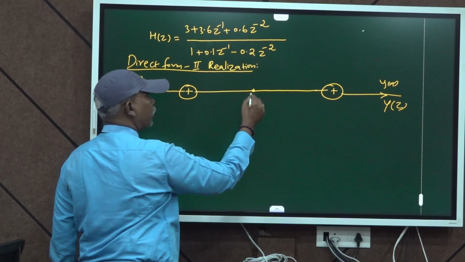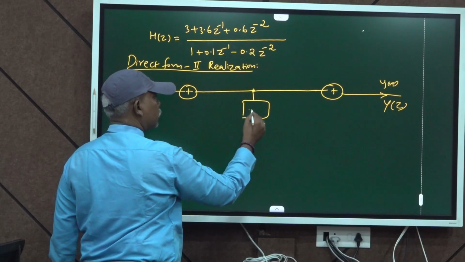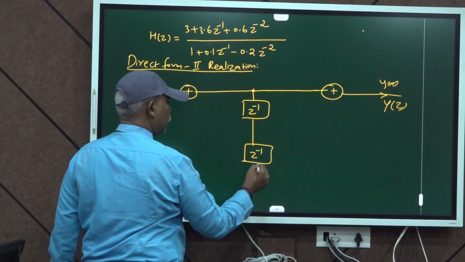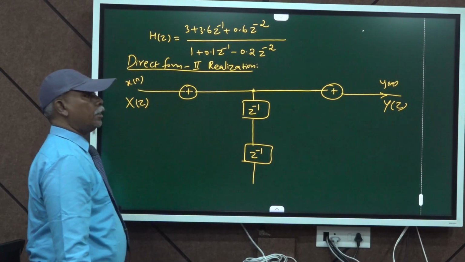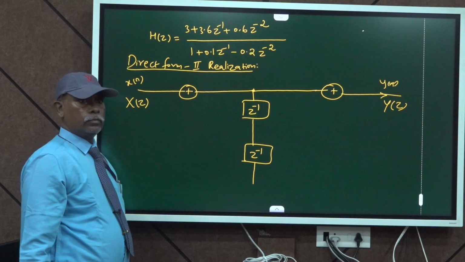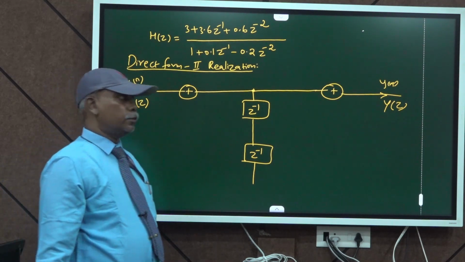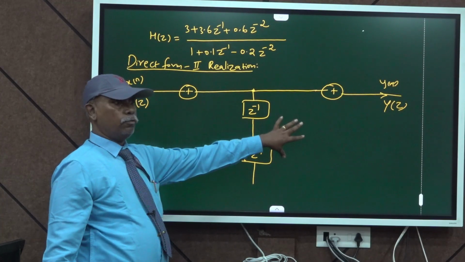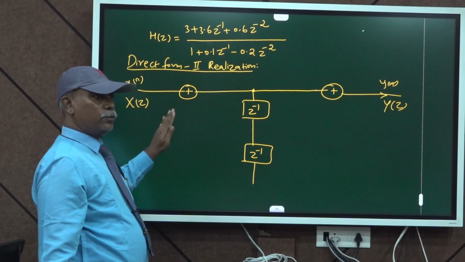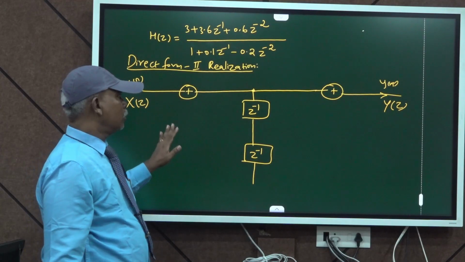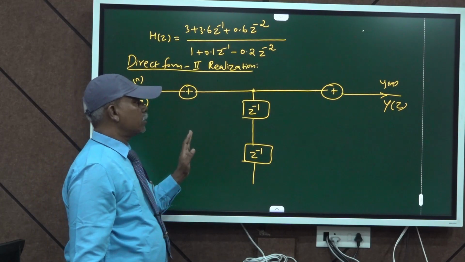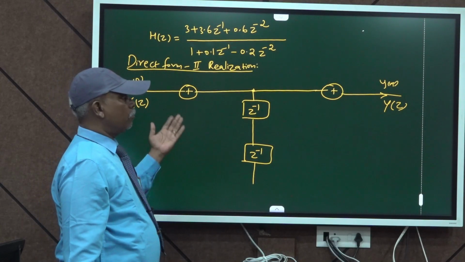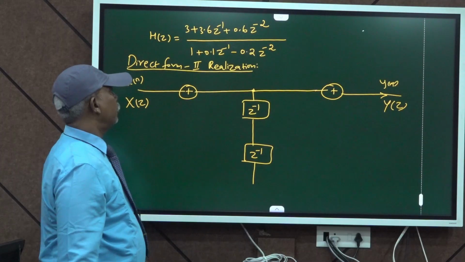Of both the numerator and denominator, the maximum number of delay elements is 2. So you put 2 delay elements in the center. Now, the difference from diaphragm 1 is that you construct the input side in the output side and the output side in the input side. The elements used for your multiplications are just interchanged. Last time the input side went to the output side and the output side went to the input side.